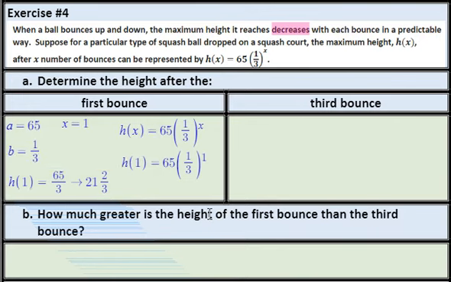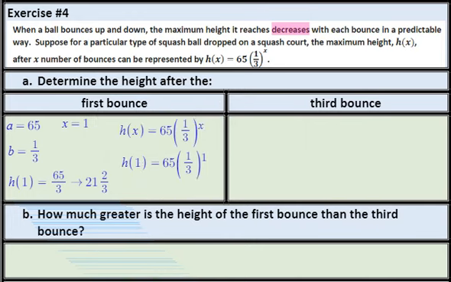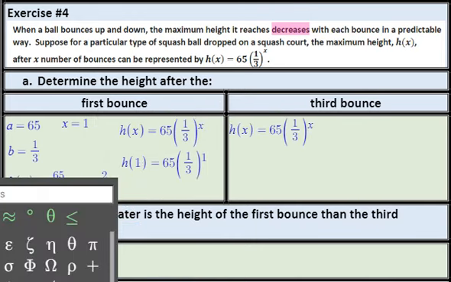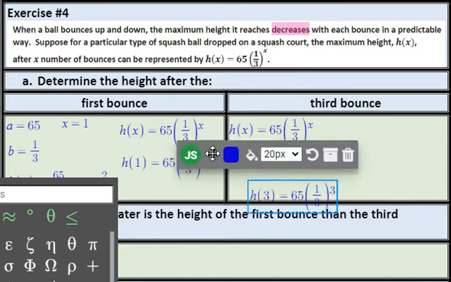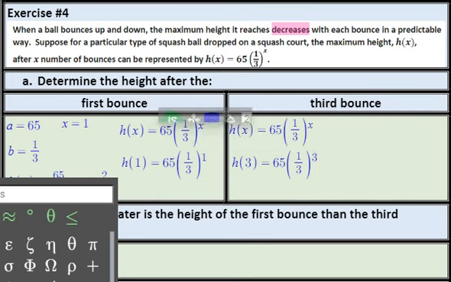Now we want to do the same operation, replacing our x with 3. So we take our function, a and b are the same, it's the same function, we're just changing our input of x. Now x equals 3, so replace x with 3 everywhere throughout the function.